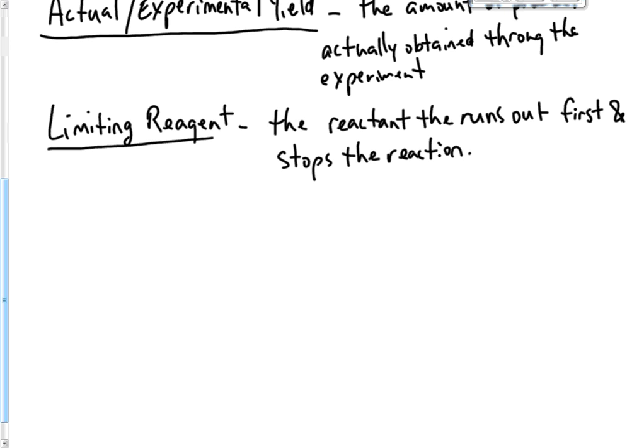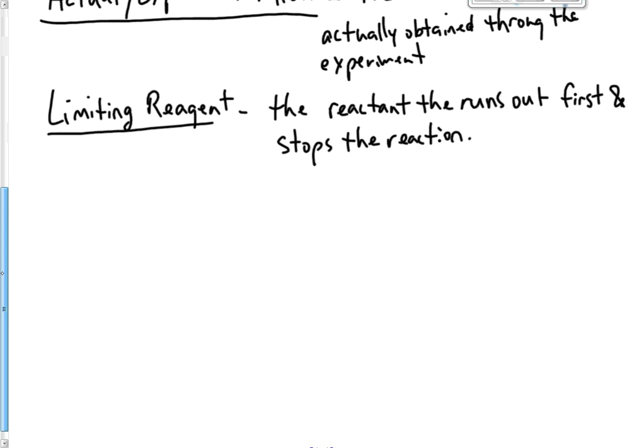Okay, so if you were making sandwiches and you had 5 pieces of bread and you had all kinds of meat and cheese, then you could still only make 2 sandwiches because you run out of bread. So the bread here is your limiting reagent. So those are your definitions. So let's look at a couple of examples.